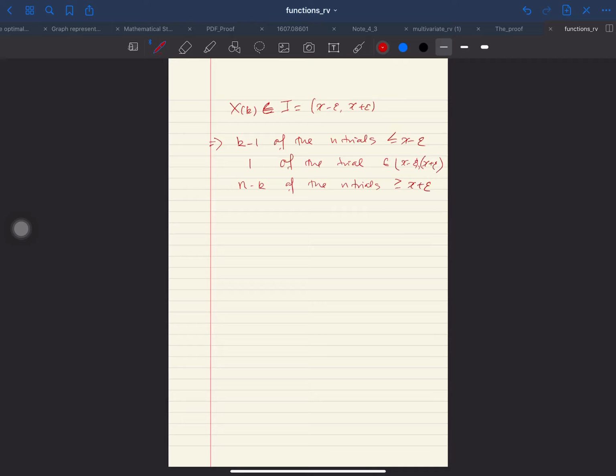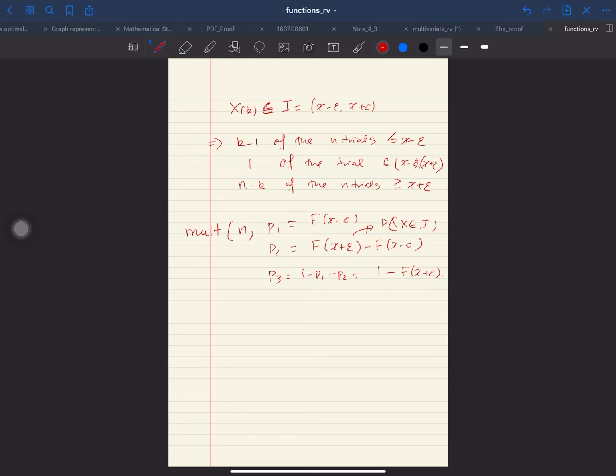So this is like a multinomial with n trials, and the probability P1 is equal to F(x minus epsilon). P2 is the probability that X belongs to the interval I. And P3, which is 1 minus P1 minus P2, is 1 minus F(x plus epsilon).